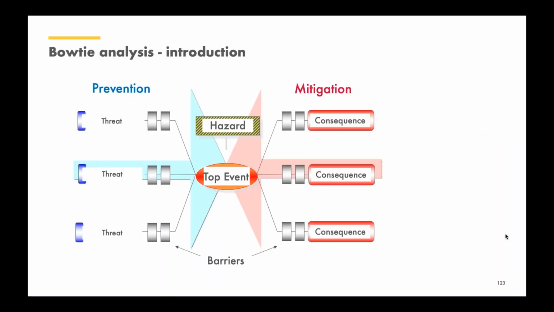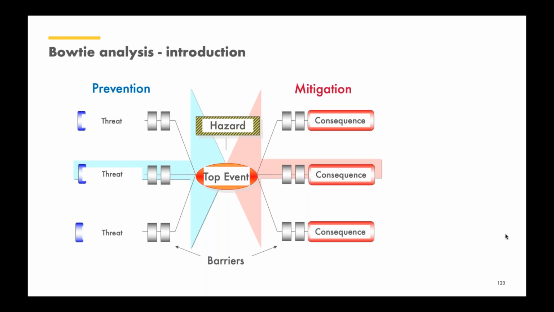To give you a quick idea of how that works, very generalized, we typically have a hazard that is leading to a top event. The left-hand side of the bow tie gives us the threats that we need to prevent from causing the top event. After we have had a top event, we need to mitigate the consequences.